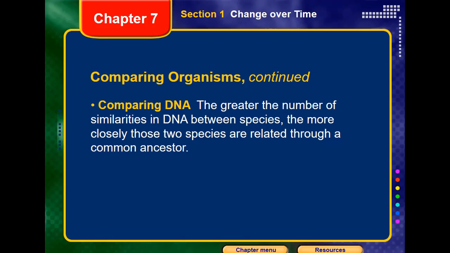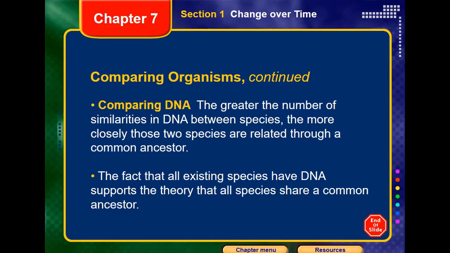There are some genes which are common between different living organisms, even between the extinct ones, which proves that these genes come from one source or that they share the same ancestor. So the fact that all existing species have DNA supports the theory that all species share a common ancestor, as we said. Okay, so like this, guys, that's how we prove there is evolution, and we know what the meaning of evolution is.